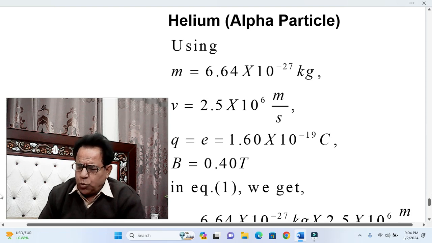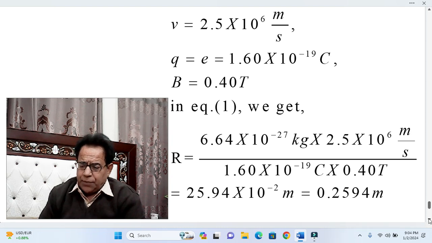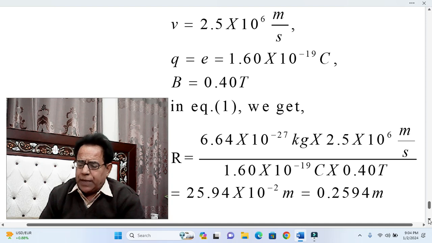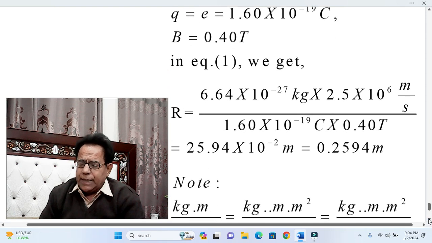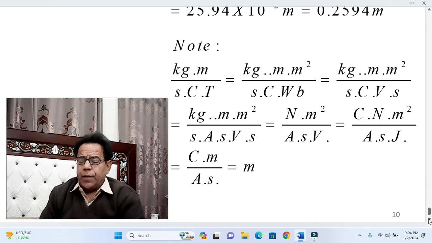Using this value of mass, after simplifying, our radius becomes equal to 0.2594 meter. Here once again the story is repeated. The nutshell is that 1 kilogram is equal to 1 second into 1 coulomb into 1 Tesla.